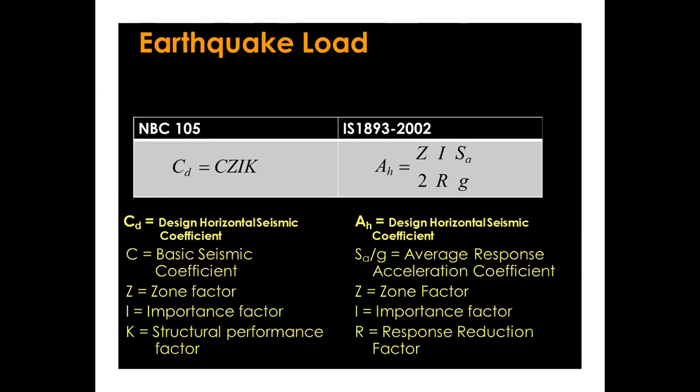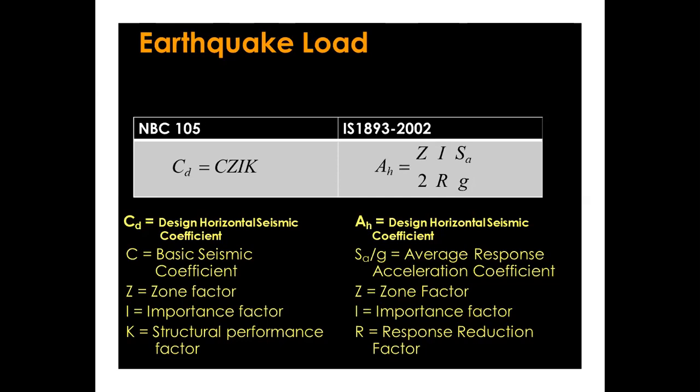The next is earthquake load, where AH is equal to Z multiplied by I multiplied by Sa divided by 2 multiplied by R multiplied by g. AH is the design horizontal seismic coefficient, Sa by g is the average response acceleration coefficient, Z is the zone factor, I is the importance factor, and R is the response reduction factor, right?